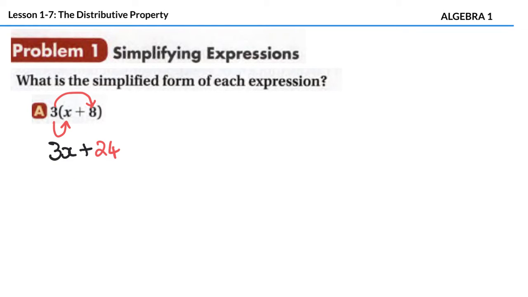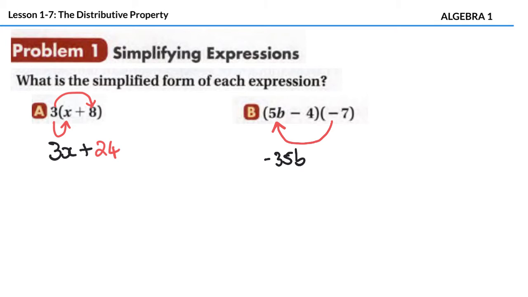Let's try another. (5b minus 4), the whole thing is multiplied with negative 7. How would you go about doing it? Apply the distributive property. Negative 7 is multiplied with 5b. What do you get? Negative 7 times 5 is negative 35, so this will be negative 35b.